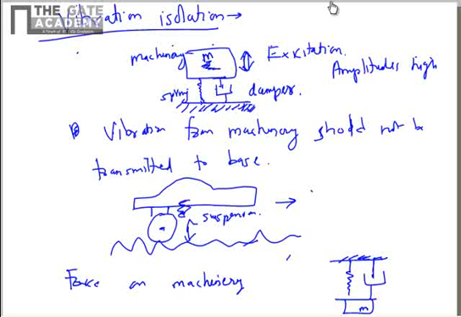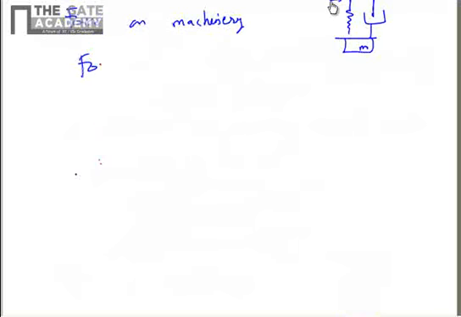We are not interested in the forces on the machinery now. In the topic of vibration isolation, we are interested in the forces on the structure, the force on the supporting structure. That is what we are interested in now.